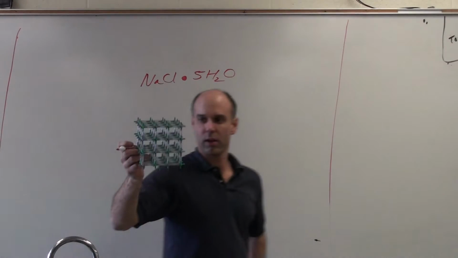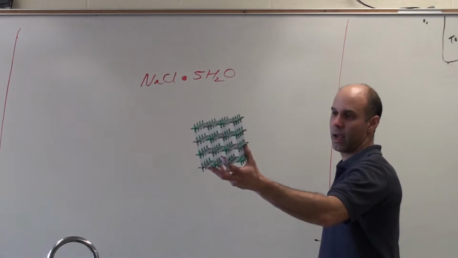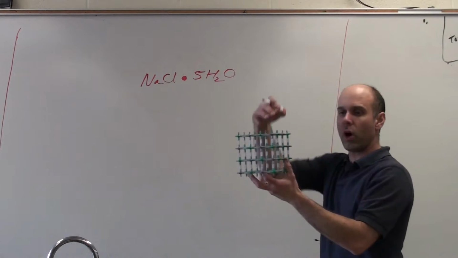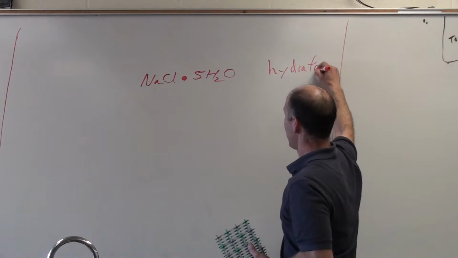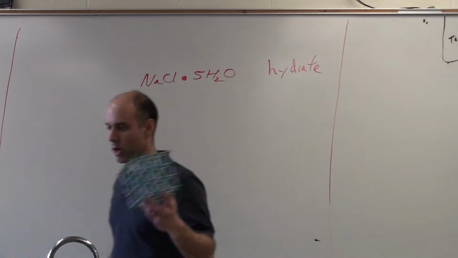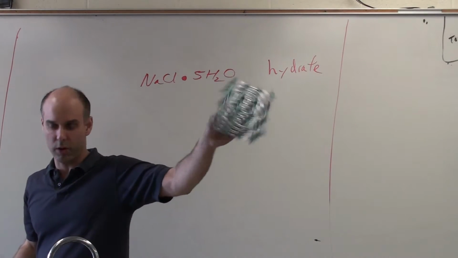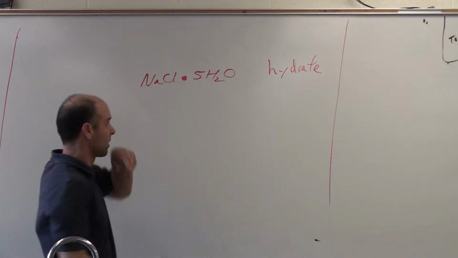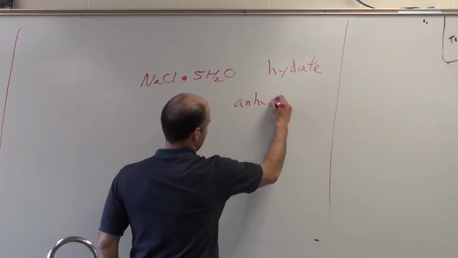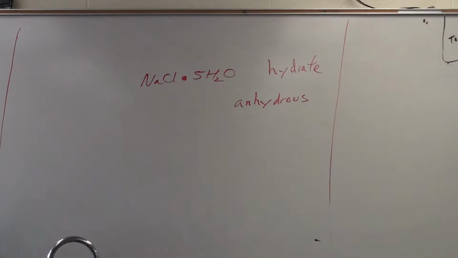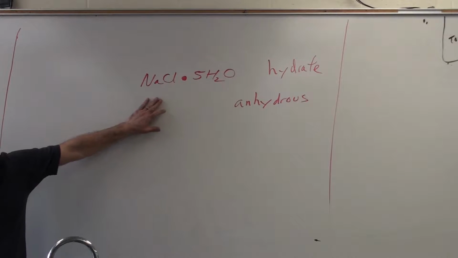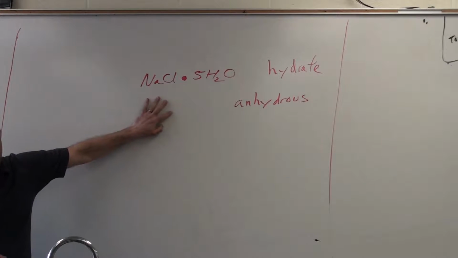If there's water trapped inside the crystal, we call it a hydrate. If there's no water trapped inside the crystal, like this one, then we say it's anhydrous. And the number of waters trapped inside the crystal depends on the ionic compound.